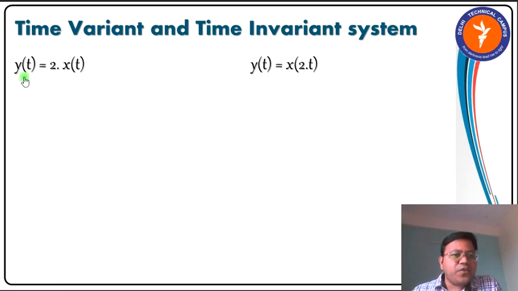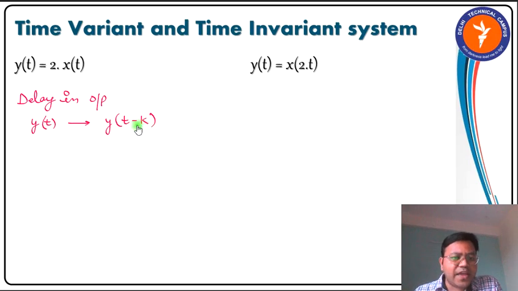Say we have y(t) = 2x(t), and we have to check whether the system is time variant or invariant. Let us see this. Say I bring a delay in the output. If we have y(t), then the delay in output will be reflected as y(t - k). Say the system has delayed the input by the factor k.